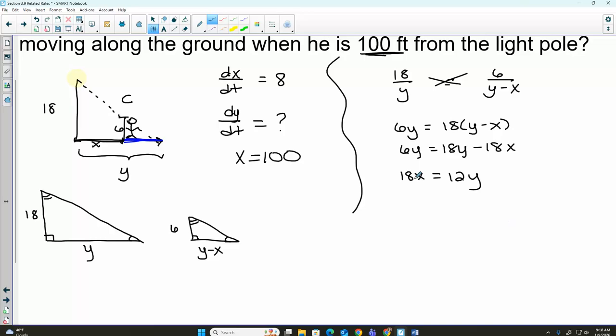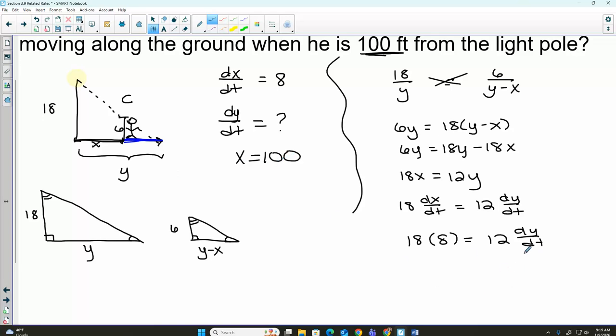So if I did the derivative here, what would I get? 18 dx/dt equals 12 dy/dt. dx/dt is 8. I'm looking for dy/dt. I don't even have to plug in the 100 that I was given.